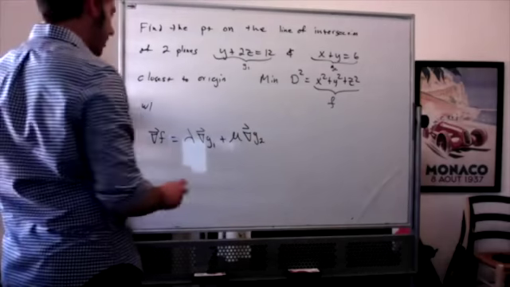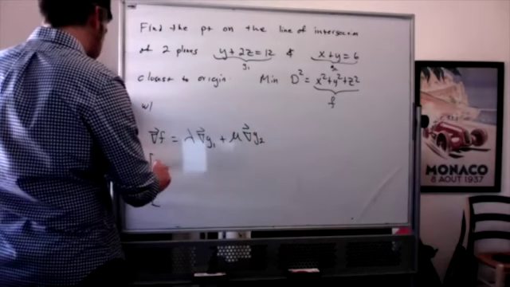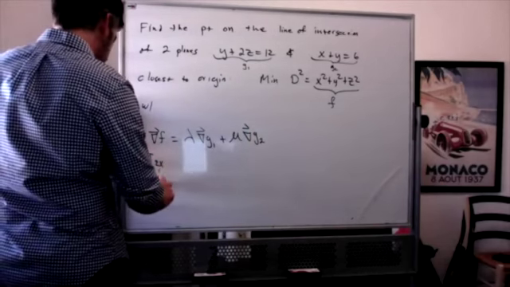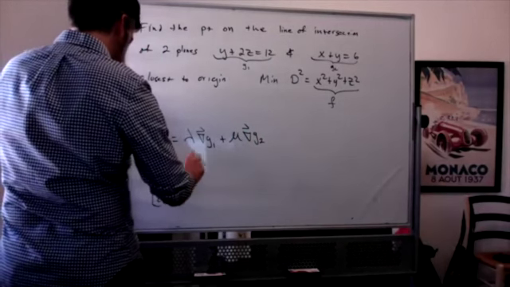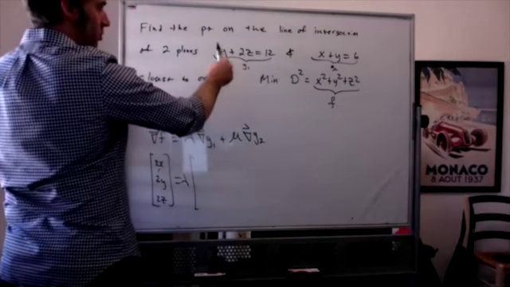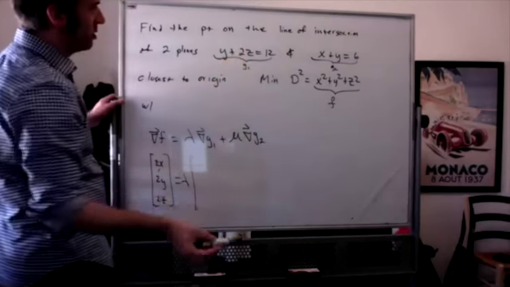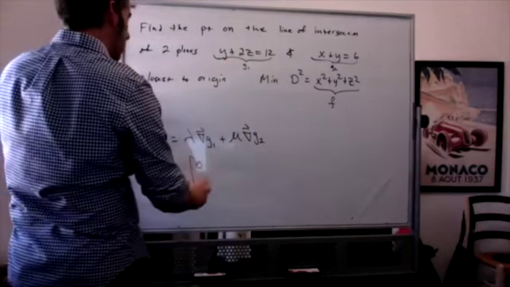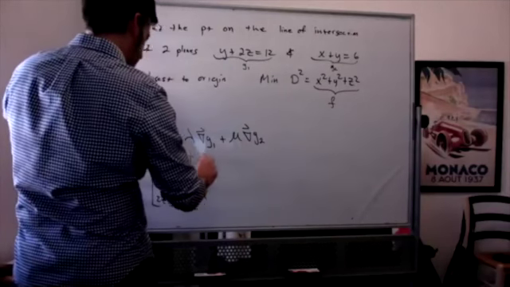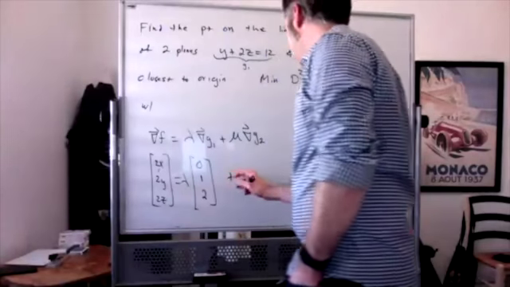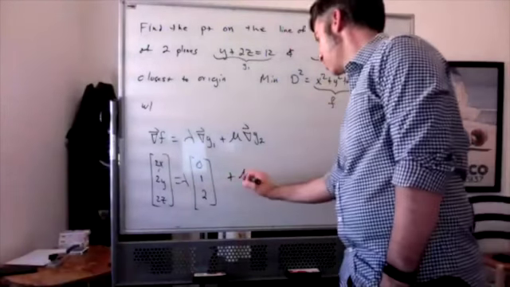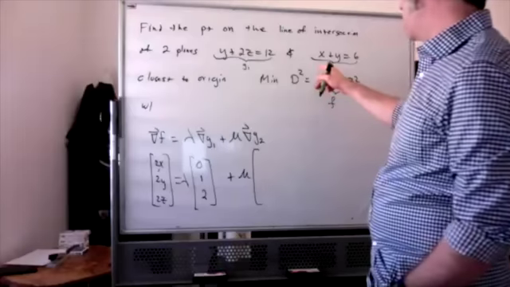The gradient of F is, no surprise, 2x, 2y, 2z. The gradient of G1 is 0, 1, 2. And the gradient of G2 is 1, 1, 0.